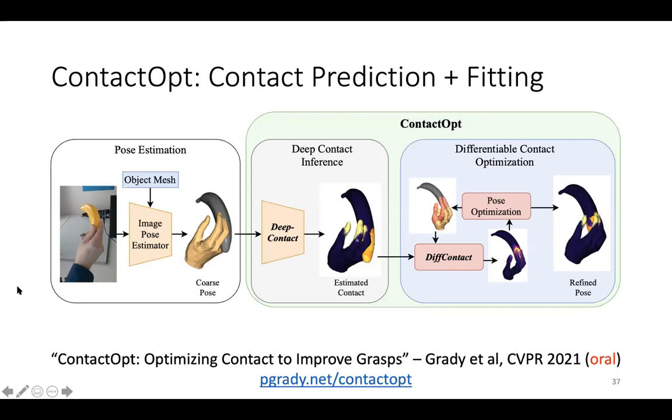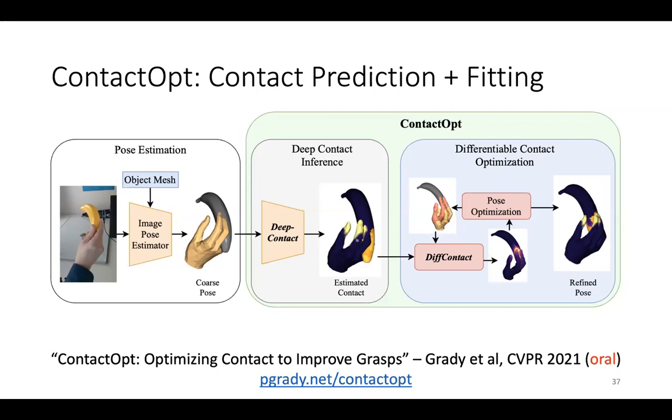So, given an image of someone holding an object, there are lots of really impressive image-based hand pose estimation algorithms, right? They understand the image and then give you the 3D pose of the hand with respect to the object. But they are basically 90% in terms of accuracy, and they're missing the last mile of accuracy.